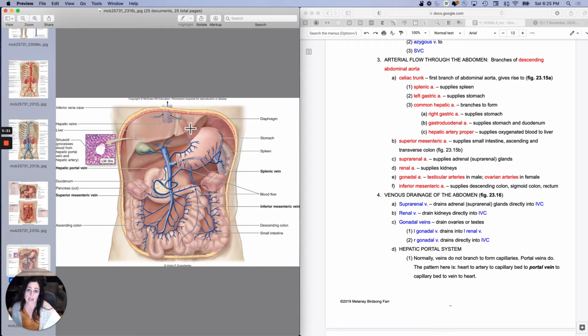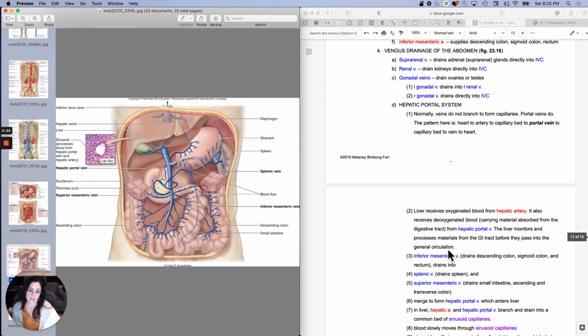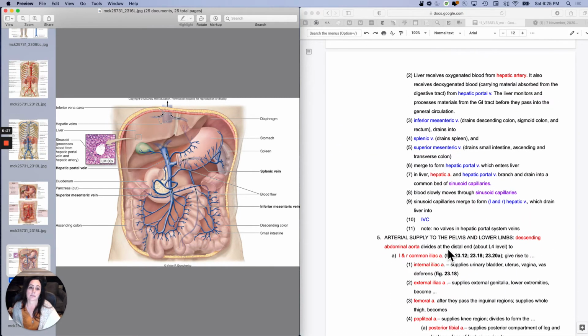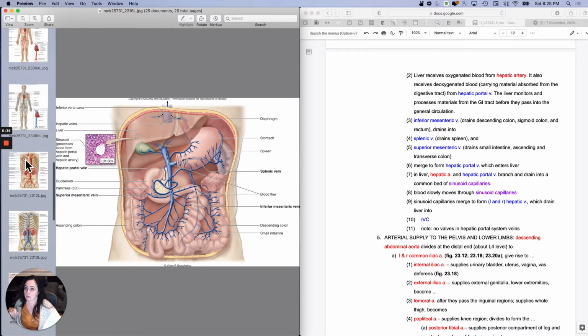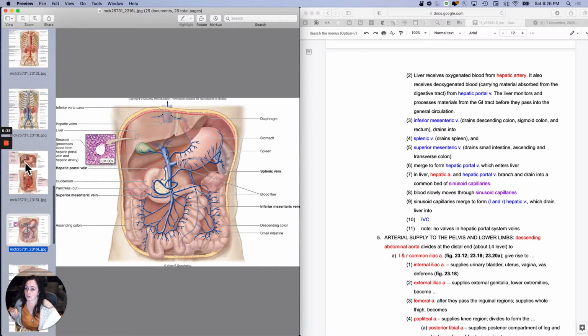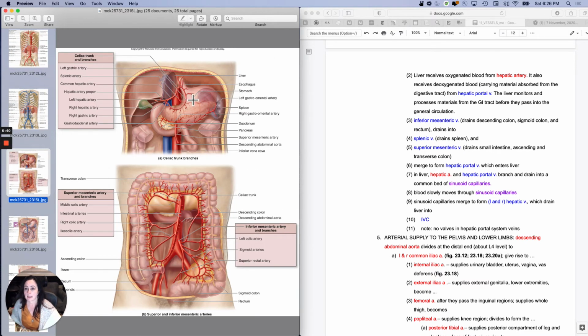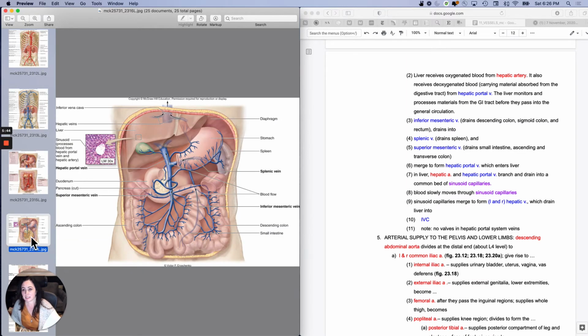And the liver has a chance to do surveillance and take out any funky stuff. Now this is strange, because the liver also receives blood from the celiac trunk, the hepatic artery proper. So the liver is getting arterial blood that's high oxygen, but it's also receiving low oxygen venous blood.